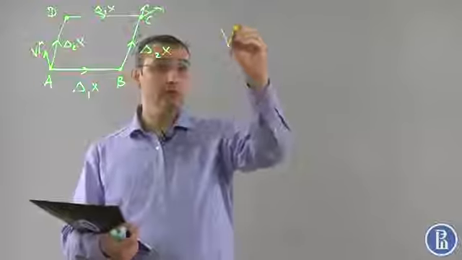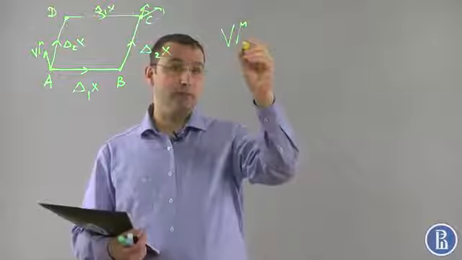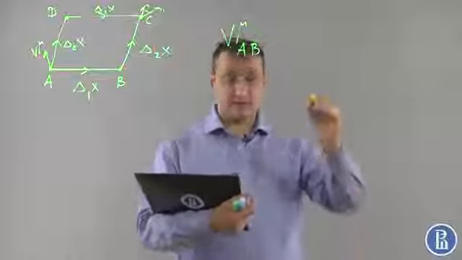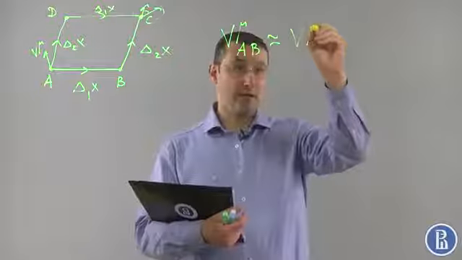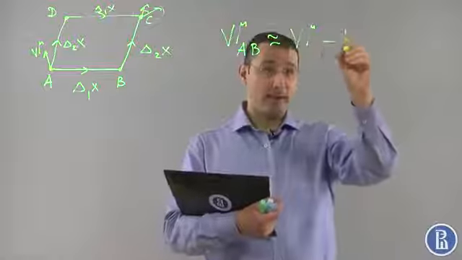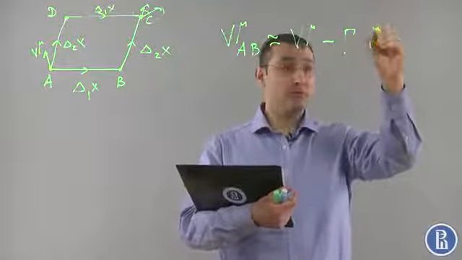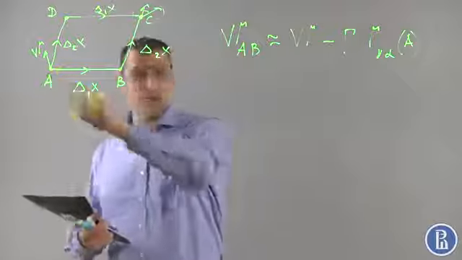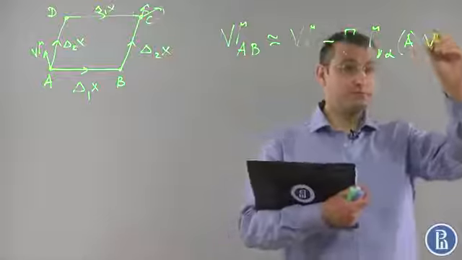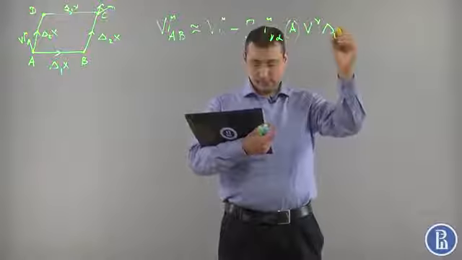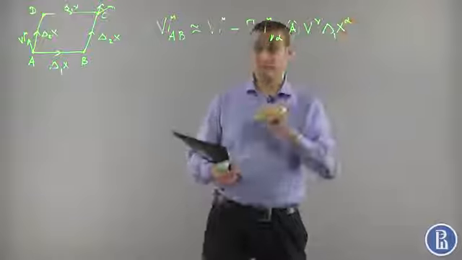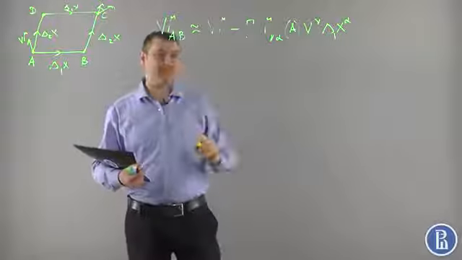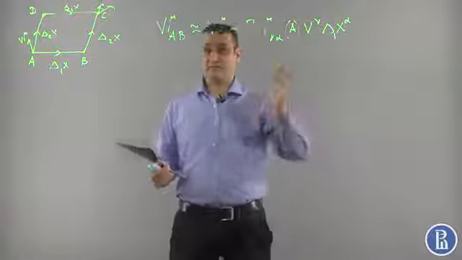So v mu at the point after the parallel transporting along AB is approximately v mu minus gamma mu nu alpha given at the point A, v nu delta 1 x alpha. This is just according to the law of parallel transport that we have introduced before.